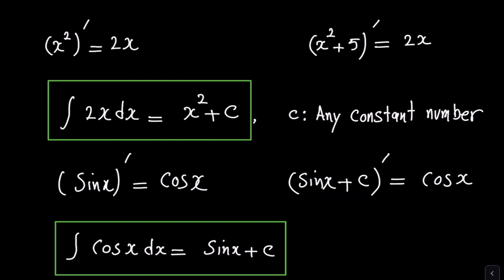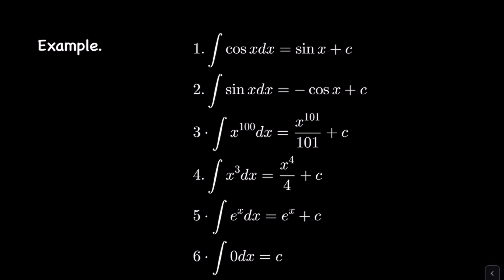So the indefinite integral of cosine x dx, which is basically the set of all antiderivatives of the function cosine, is going to be of the form sine x plus c. Sometimes you simply say the integral of cosine x dx is sine x plus any constant. So it's simple. And if you know the derivative formulas for basic functions, you actually know the antiderivative formulas for those basic functions.